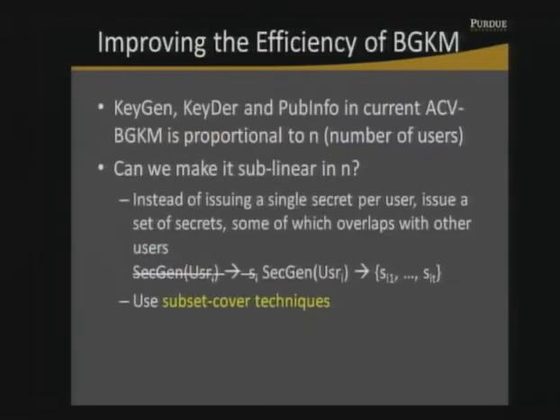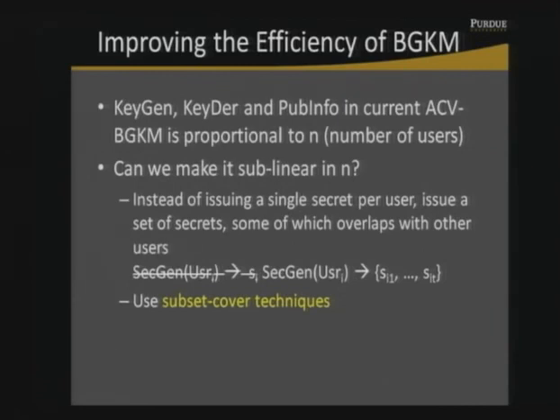One thing you probably didn't notice is that if you look at the size of the public information and the complexity of the key generation and key derivation algorithms, they are proportional to n. So if you have a large number of users, the key generation, key derivation, and the public information you have to transmit are going to be huge.